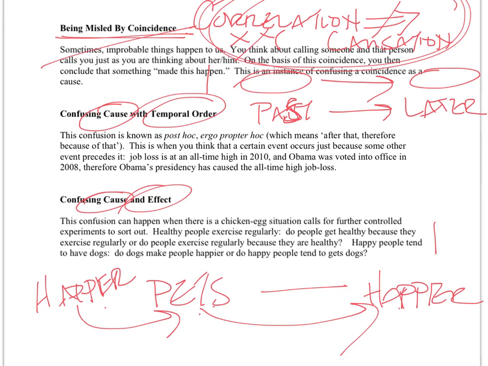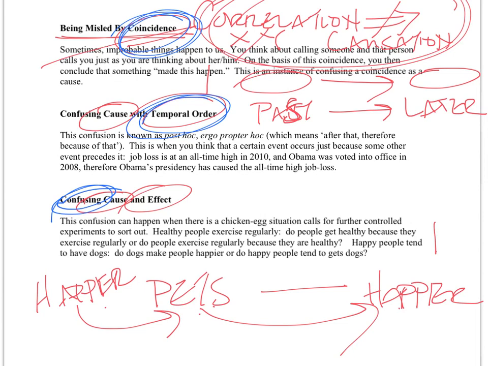It's very easy to be misled by coincidence, or by temporal order, or by confusing the cause and the effect. It's very easy to fall into these fallacies.